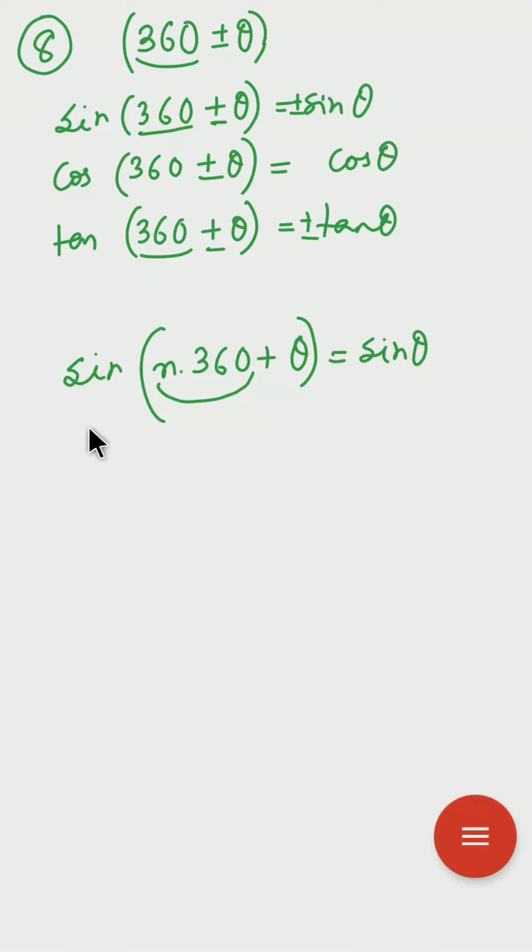In case of every other angle, so if I write here cos of n times 360 degree plus theta, again this part, the multiple of 360 degree, can be completely neglected, and this will be considered as cos of theta.